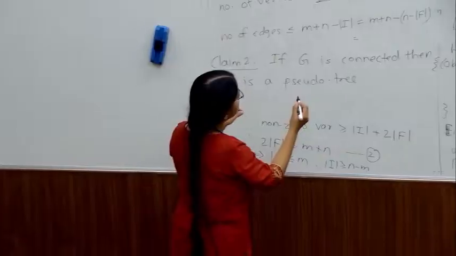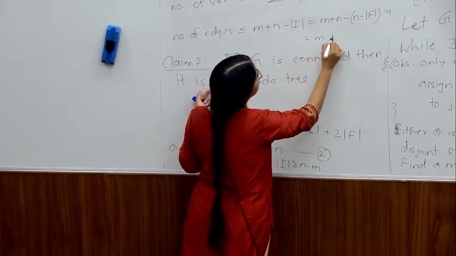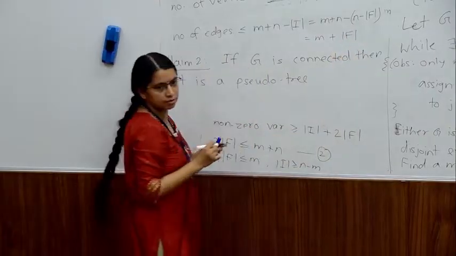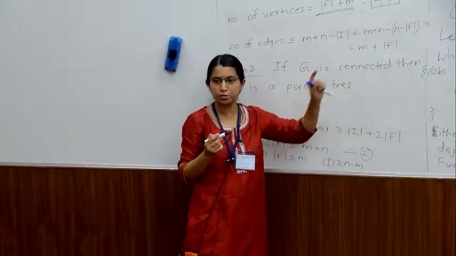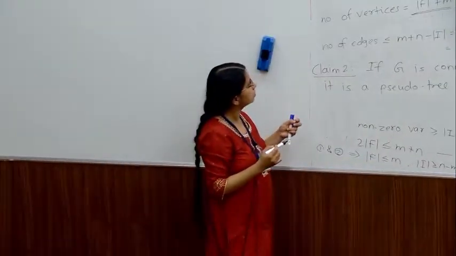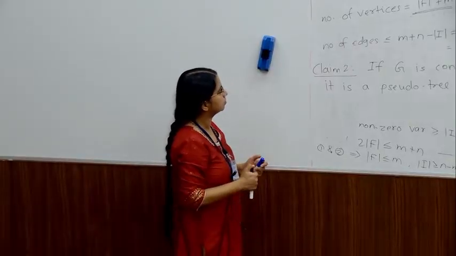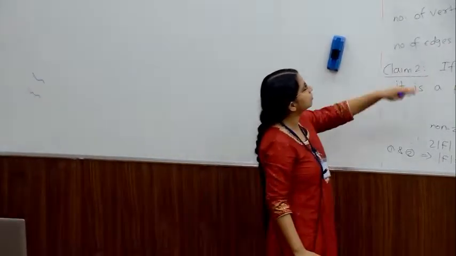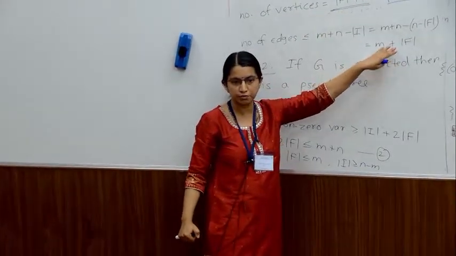Am I doing it right? So this n will get cancelled and it will be m plus mod f. So the number of vertices is exactly m plus mod f, and the number of edges is at most m plus mod f.